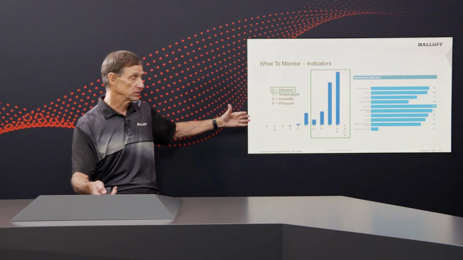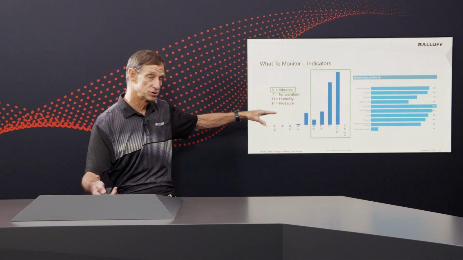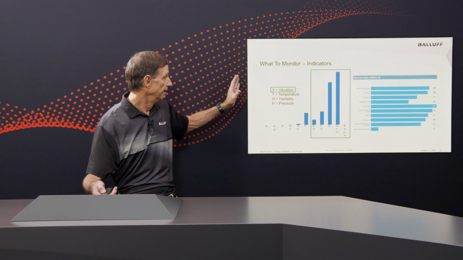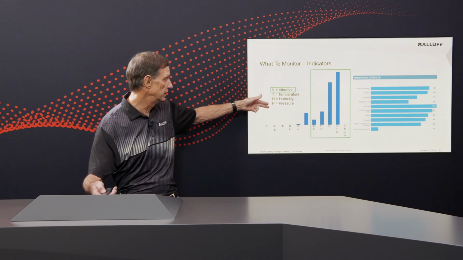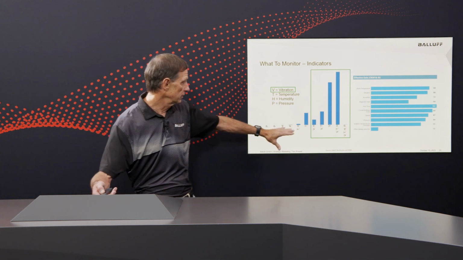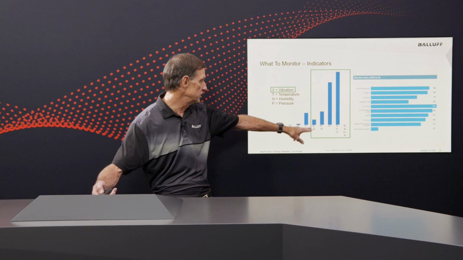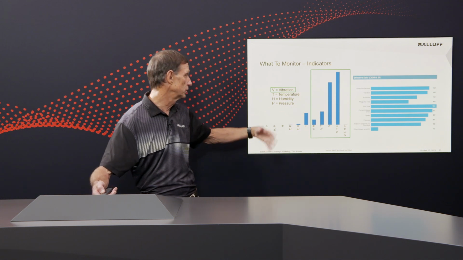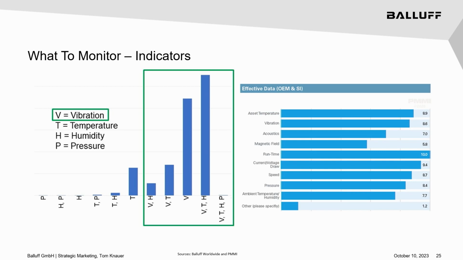What are people monitoring? What are the indicators? If we remember the PF curve, the potential and functional failure curve, we talked about things like vibration and temperature, but also humidity and pressure. From our data, we see that a high proportion of people are doing vibration plus some other thing, temperature or humidity. And from the PMI data, the packaging industry data, again, people are measuring temperature and vibration.